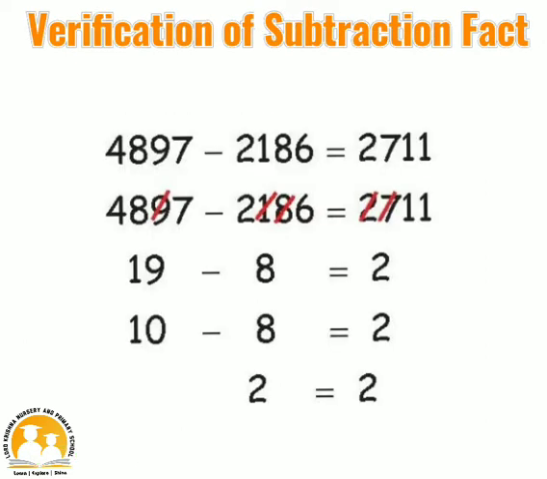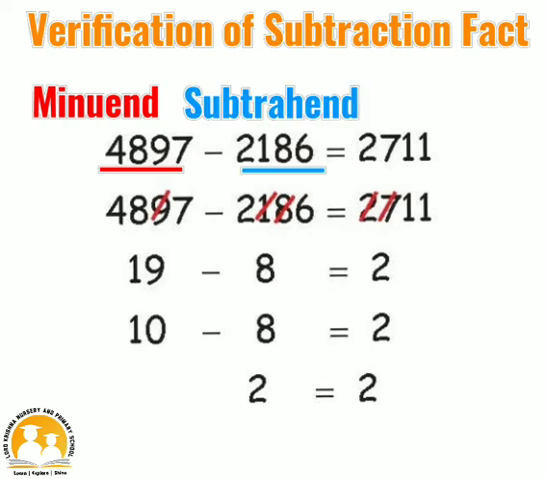Similarly, we can verify a subtraction fact using the casting out 9's method. Subtraction is nothing but addition in reverse, right? Look at this example, children. Here, 4,897 is the minuend, 2,186 is the subtrahend, 2,711 is the difference.